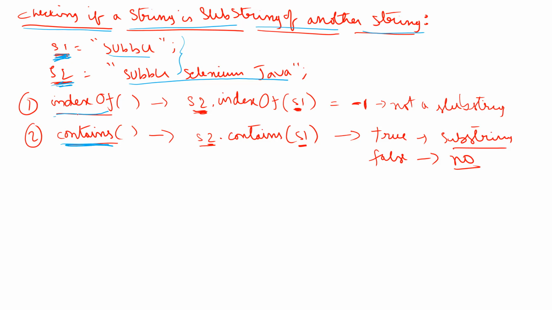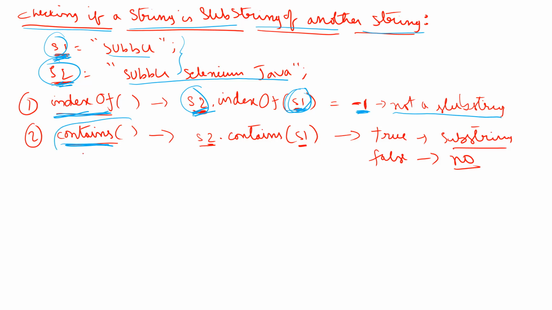For using the method IndexOf, we will say S2 dot index of S1. That means what is the index of S1 in S2? If S1 is not there in S2, then it will return -1. Otherwise, it will return a value above 0. If it returns -1, that means it is not a substring.